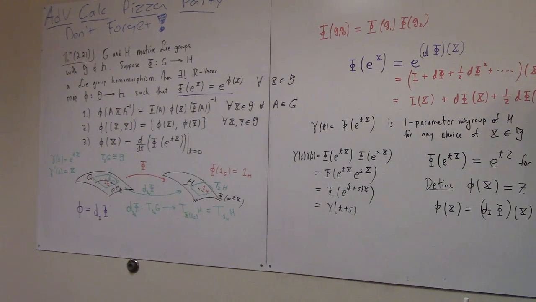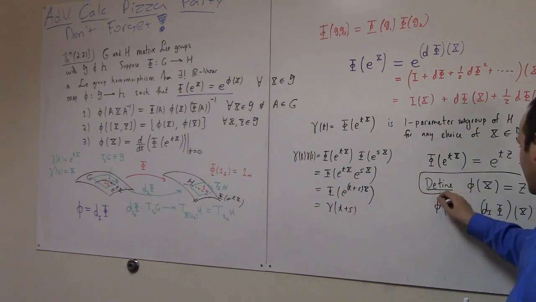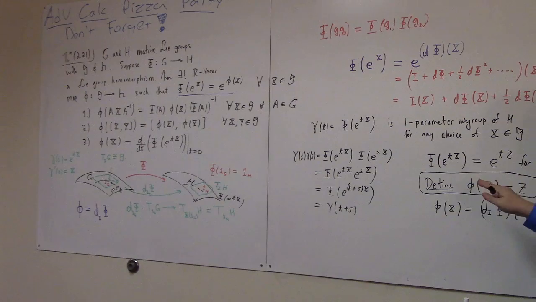You see the difference? Look at his way of defining things. There is no explicit appearance of the Lie group homomorphism in his definition. It's totally wrapped up in here.